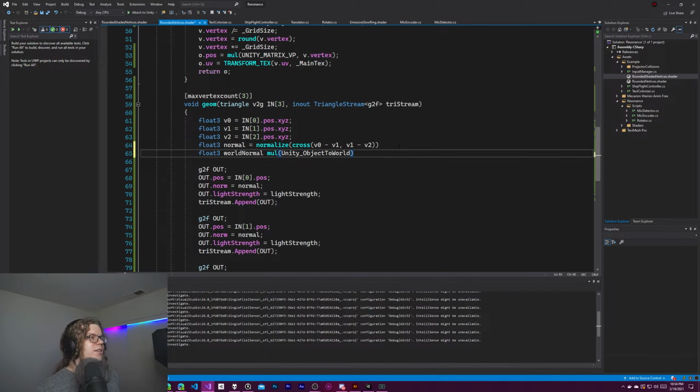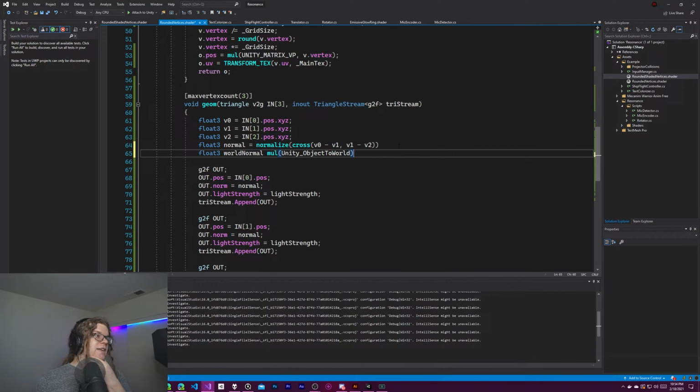Oh, this could be interesting. We may need to rethink this. Or I need to go backwards. So there's some problems here. We're in the projection space. And I just calculated the normal in that space, in the projected space.